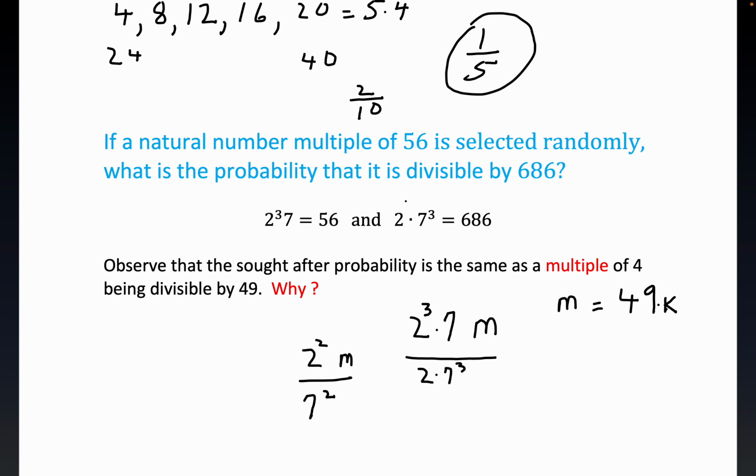It's equivalent to this original question because of the way the prime factorization cancels out. And in the very same sense, divisible by 49, well, 49 and 4 are relatively prime. Let's write that down. And so the answer here is 1 over 49.